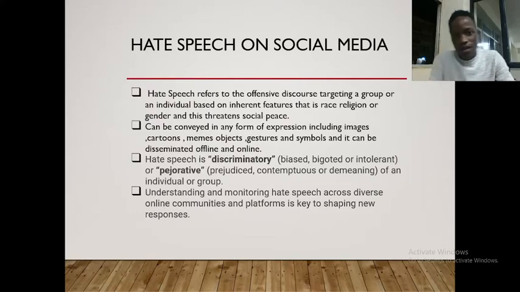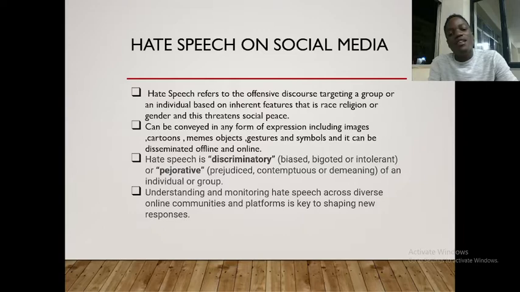Okay, so hate speech on social media in broad is a real life problem I want to solve using artificial intelligence. Hate speech refers to offensive discourse targeting a group or an individual based on inherent features, that is religion, race, or gender, and this threatens social peace.